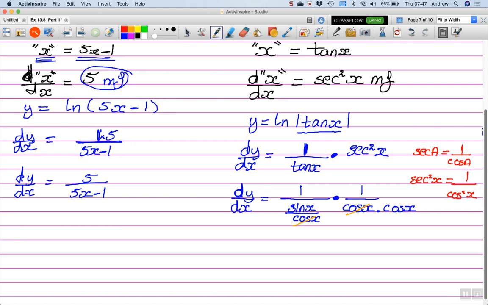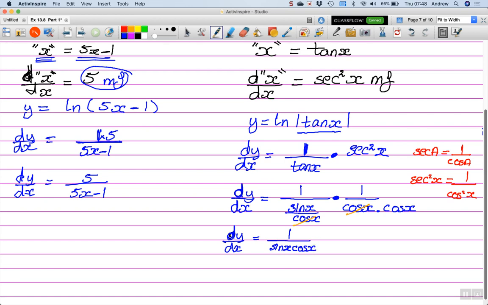We then end up with dy dx is equal to 1 over sine x cos x.